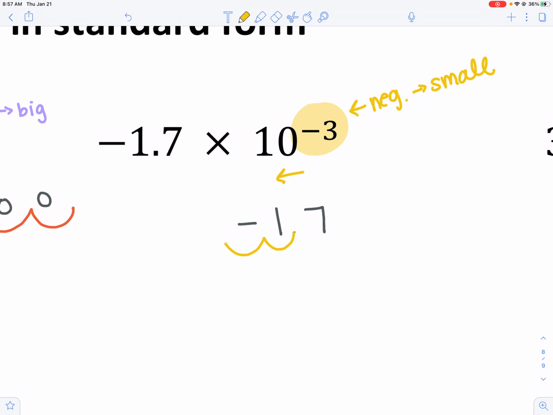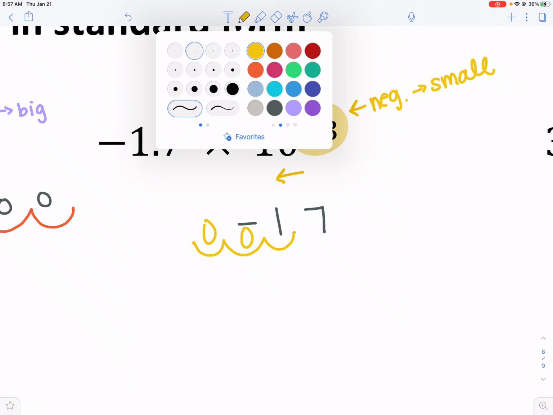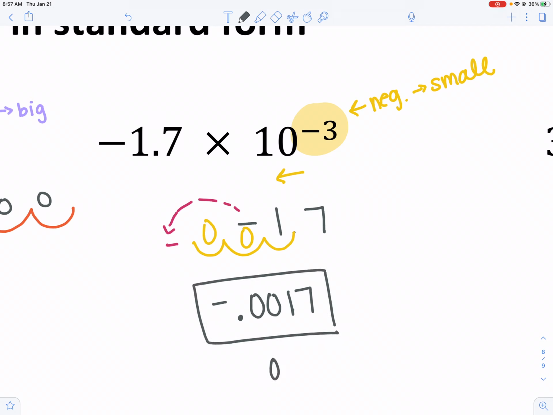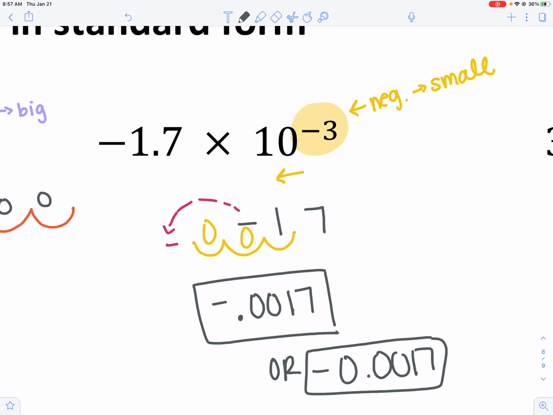So 1, 2, 3. I'm going to fill in with zeros. Now that negative sign, I am going to want to move all the way out front. I don't want it sticking in the middle of that. So my final answer would be negative 0.0017. Or you could write it as negative 0.0017. Either one of those would be correct.